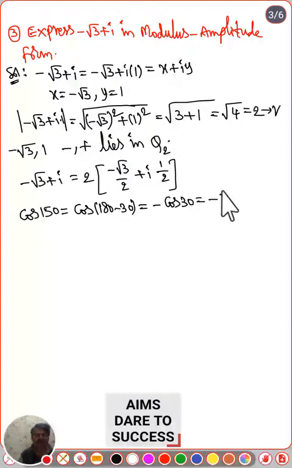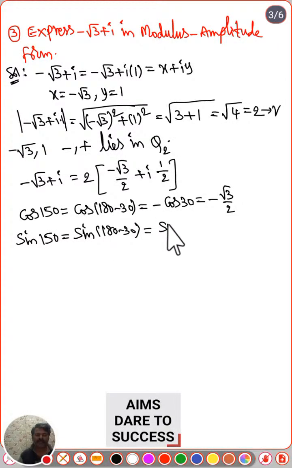Cos 30 value is root 3 by 2. Okay, satisfying. Similarly, next 1 by 2 is quadrant related, same. Sin 150 is equal to sin of 180 minus 30. Sin of 180 minus theta is sin theta. Like that, sin of 180 minus 30 is sin 30. Sin 30 value is 1 by 2.